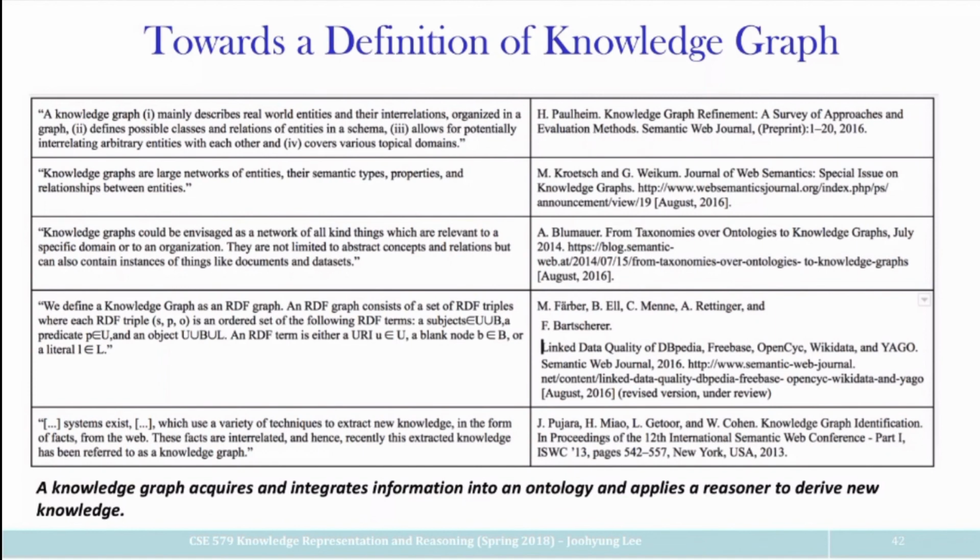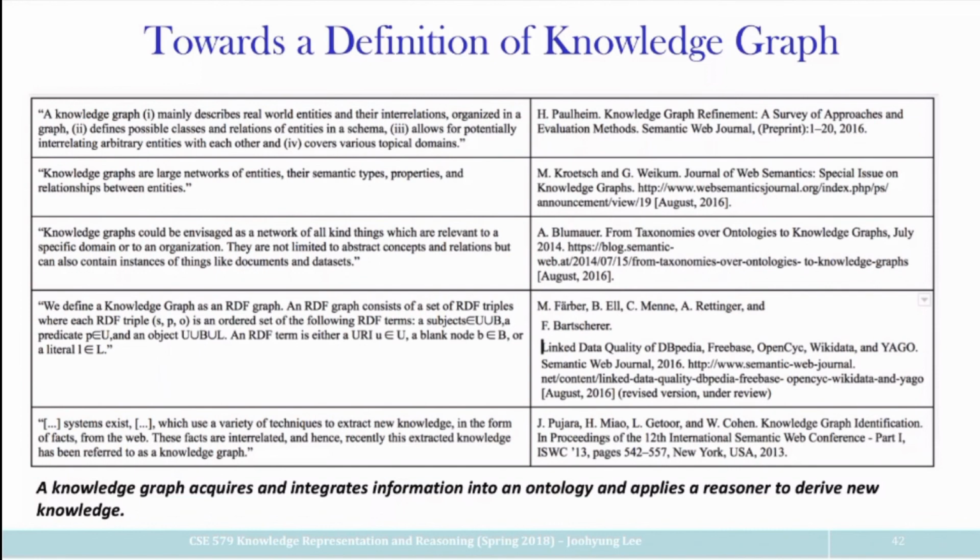Others say knowledge graphs are large networks of entities, types, properties, and relationships; or a network of all kinds of things relevant to specific domains and organizations; or an RDF graph. What is common in these definitions is that it is some graphical representation of knowledge.